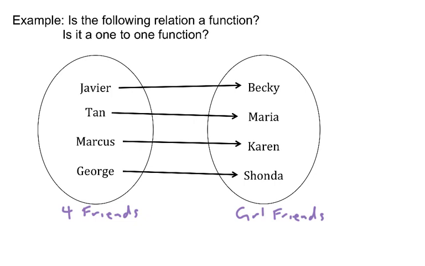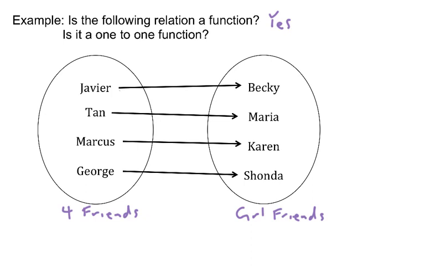Is the following relation a function? I'm going to pause again and ask you to think. Is that a function? And hopefully you saw that the answer is yes, that it is indeed a function. If Javier had been paired with another person, that would not function at all.